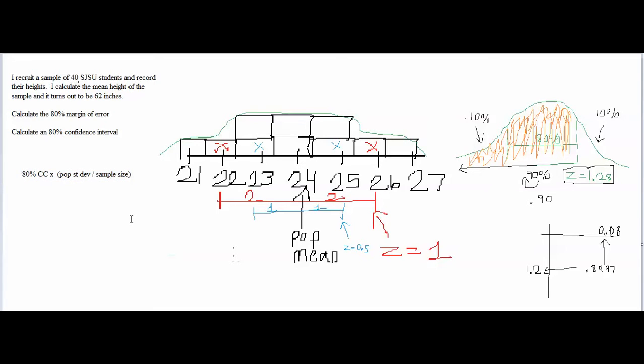Remember, we discovered that this formula gives you the margin of error that you're looking for. So we would plug in the 1.28 for our 80% confidence coefficient. We would multiply that by the population standard deviation over the square root of sample size.